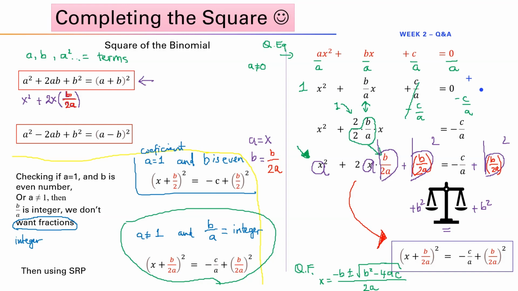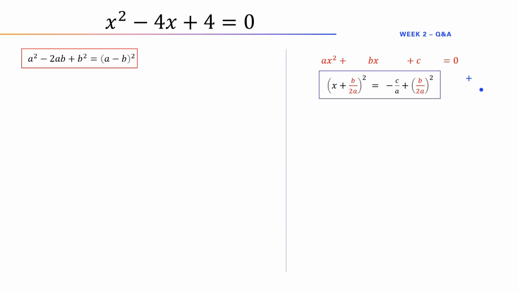Alright, let's have some practice. We have a question: x squared minus 4x plus 4. I will use the square of a binomial to solve this problem first.